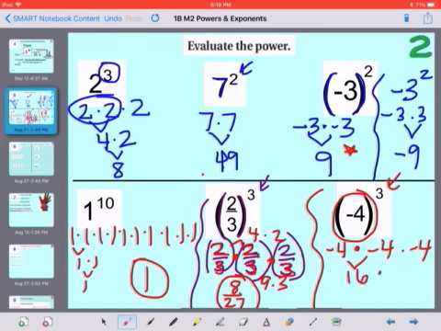And then again, multiplied by a negative 4, we know it's going to be a negative. 16 times 4, if you don't know what that is, we can multiply it out. 6 times 4 is 24. 4 times 1 is 4, but plus 2 more is 6. So we have a negative 64. If I am going too fast, please make sure you pause the video.